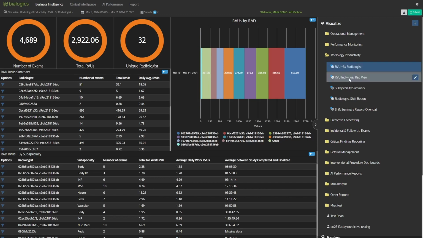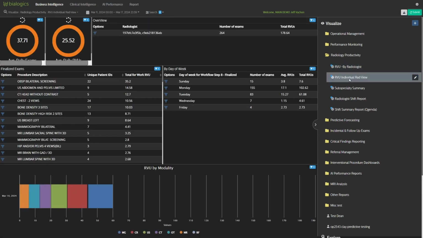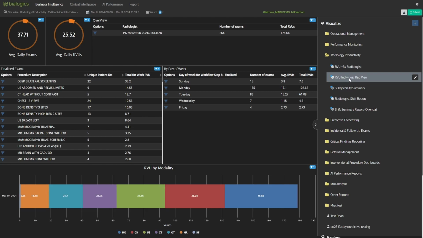We can actually create, in many of our cases, our customers have created their own dashboards. So each radiologist has their own dashboard so that he can go in as his landing page and see where he's operating in terms of RVU production and studies that are being completed on a particular day or week.